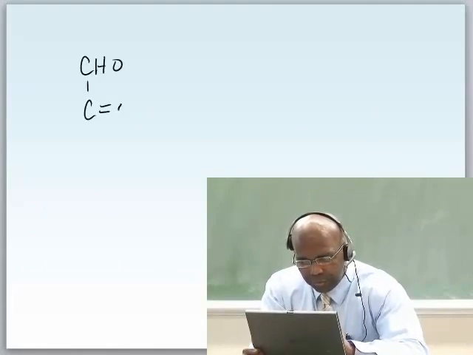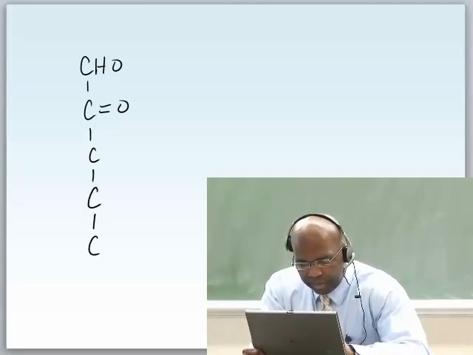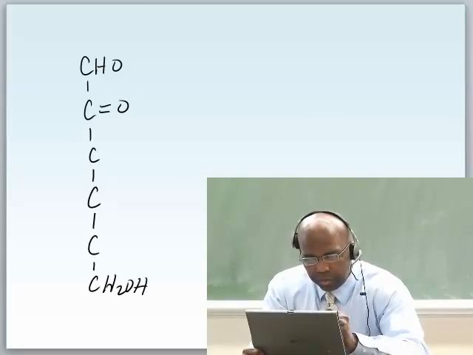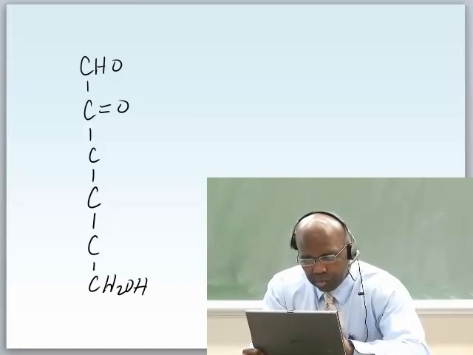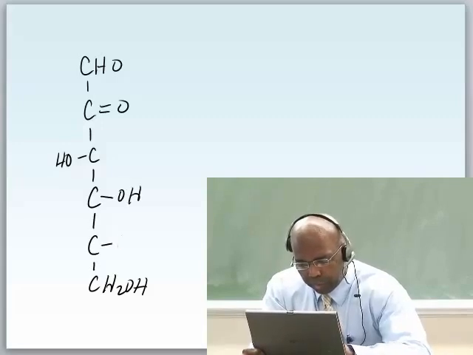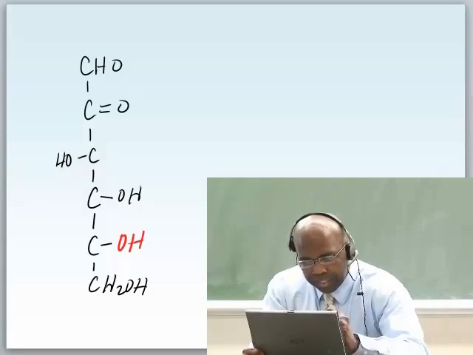CHO, 2, 3, 4, 5, and 6, CH2OH. So those chiral centers are the same. OH, OH. And I'm going to make this one red because this is the one we're going to use, OH.